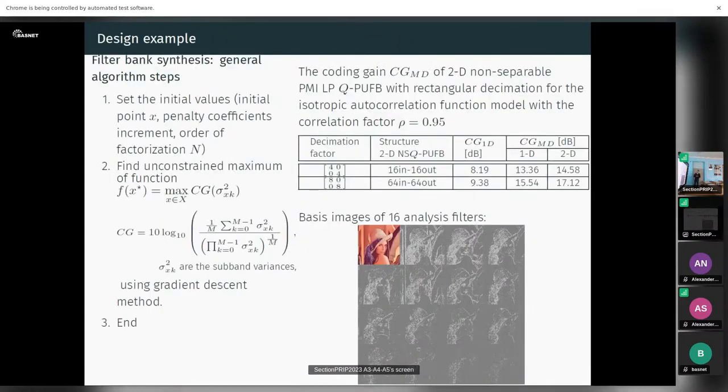Next slide. While we change the structure of the filter bank, we have to set some metrics related to finding the coefficients of this filter bank. It's related to unconstrained optimization, where we would like to put in constraints related to the coding gain and find the quaternions which suit better.